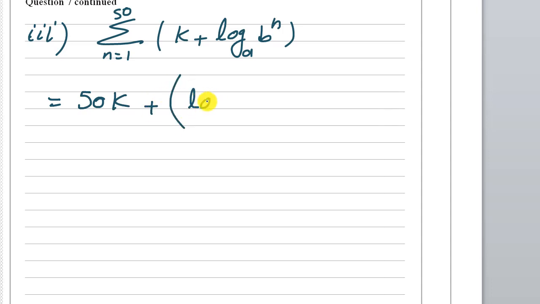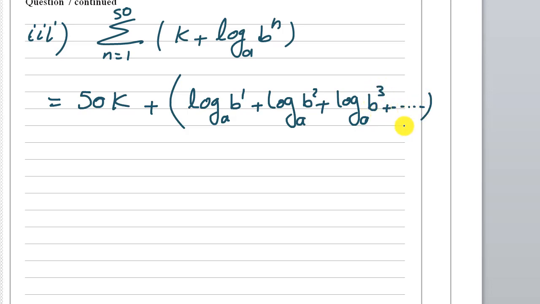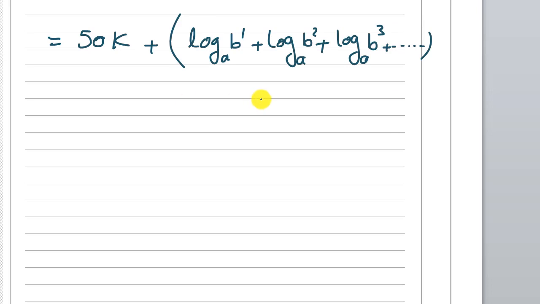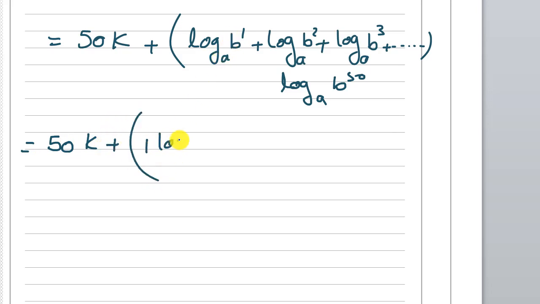Plus log a b to the power 1 plus log a b to the power 2 plus log a b to the power 3 to the end, until we reach log a b to the power 50. So it's equal to 50k plus 1 log ab plus 2 log ab until we reach 50 log ab.